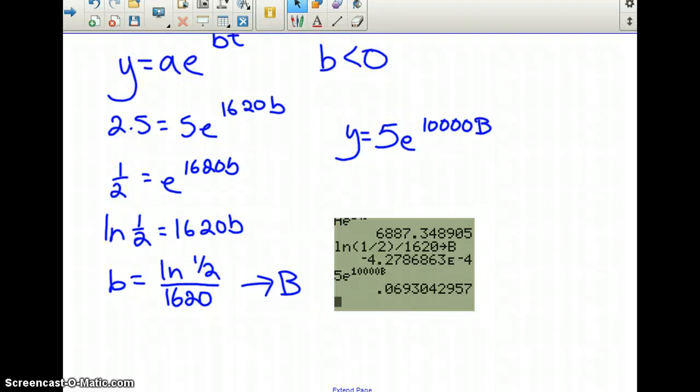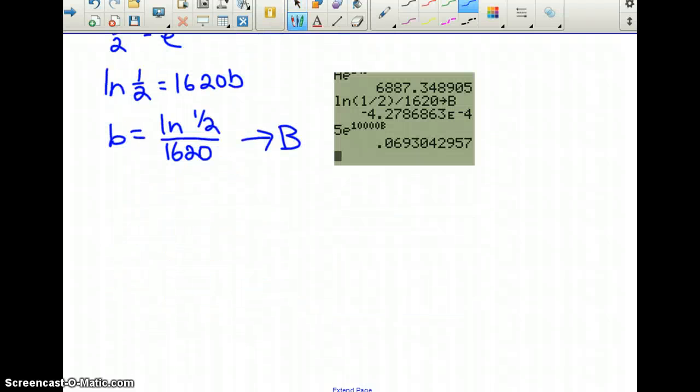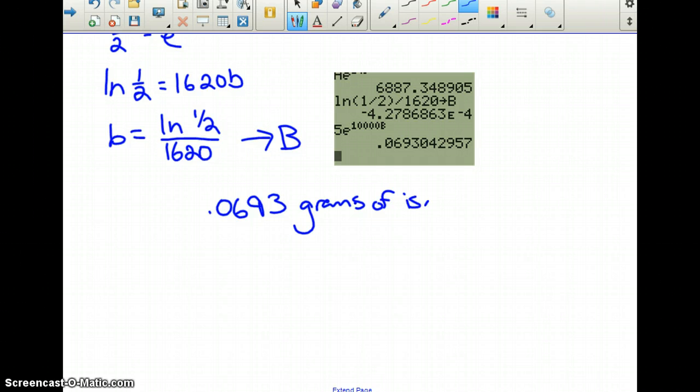After 10,000 years, there will be 0.0693 grams of the isotope remaining.